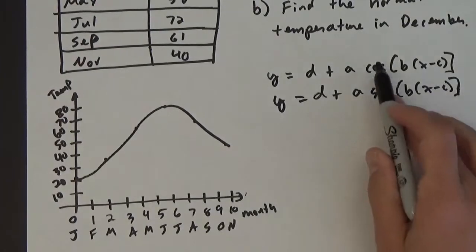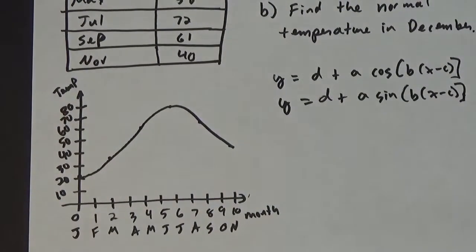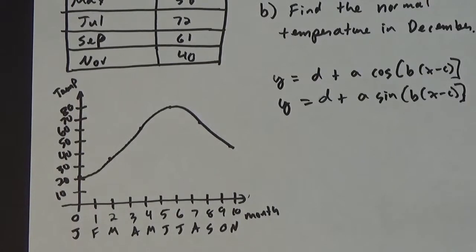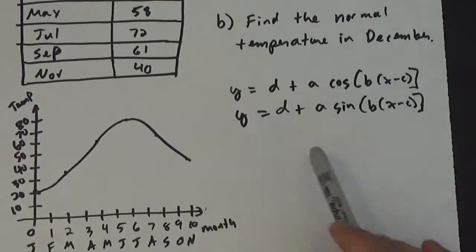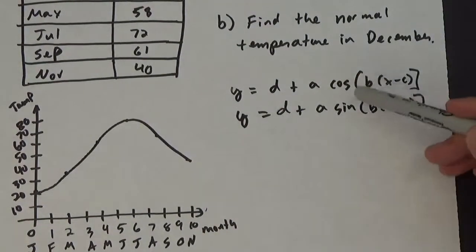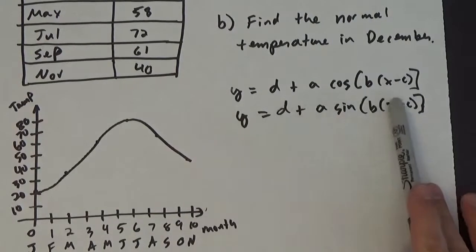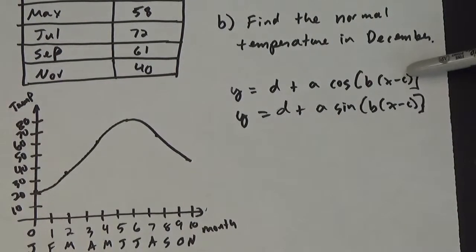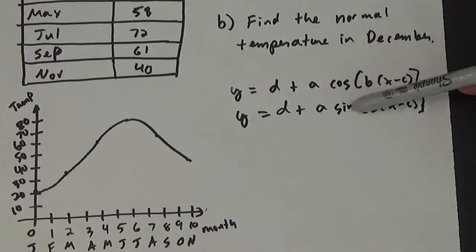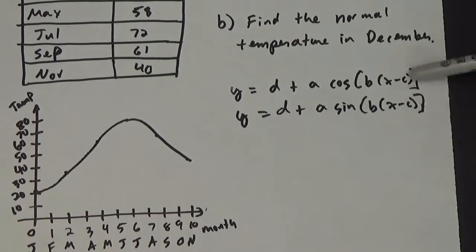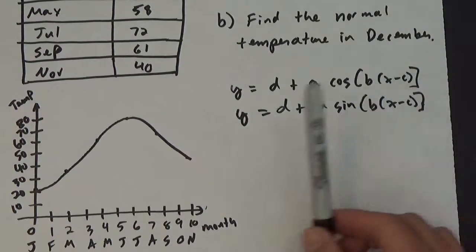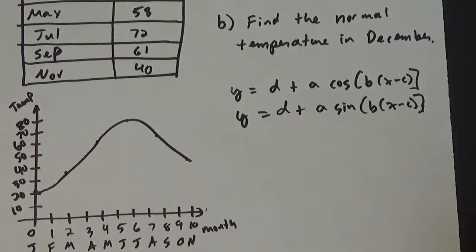So we have to choose either cosine or sine, and we'll talk about which one we'll choose real soon. But for both of these trigonometric functions, d, a, and b are going to be exactly the same. The difference comes in whether we choose cosine or sine, and it's the c, what kind of horizontal translation we'll have to perform. So that's when the decision comes in.